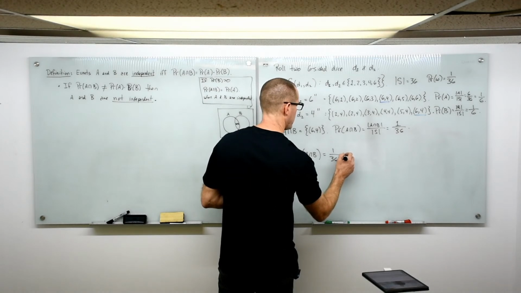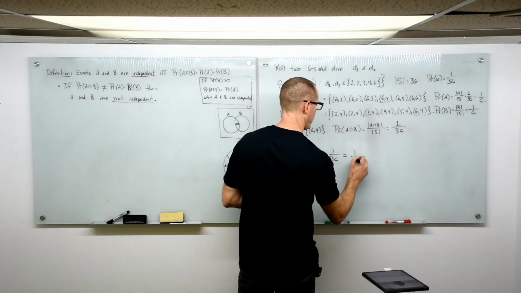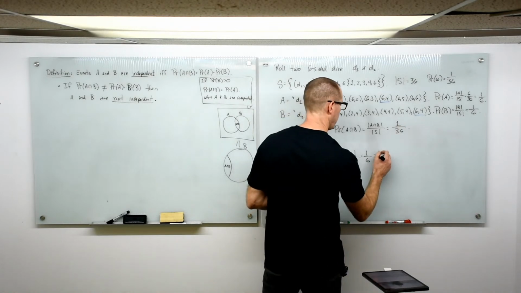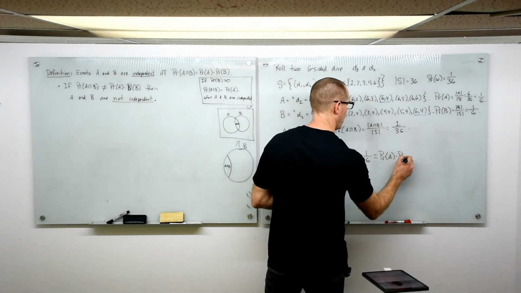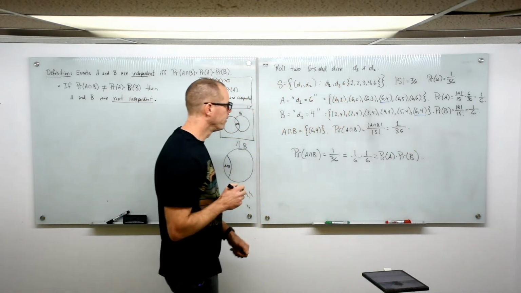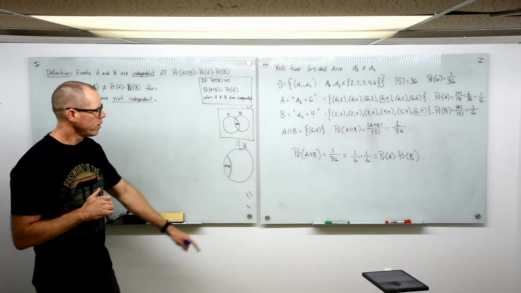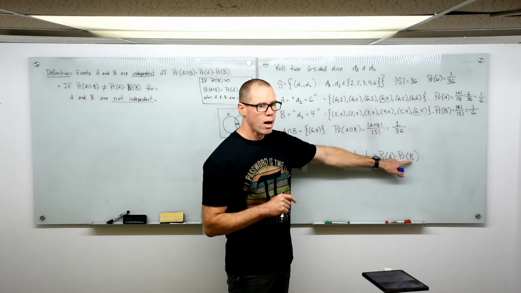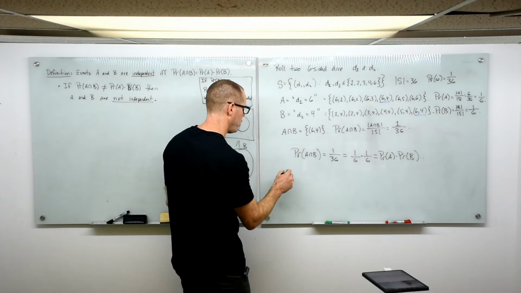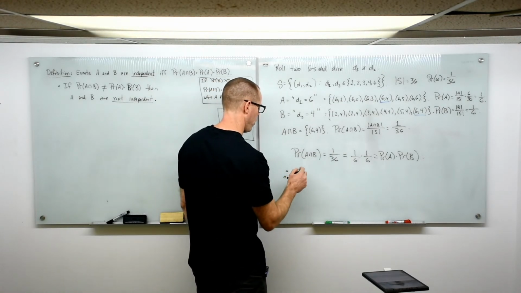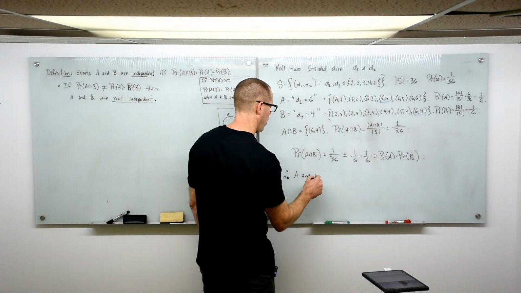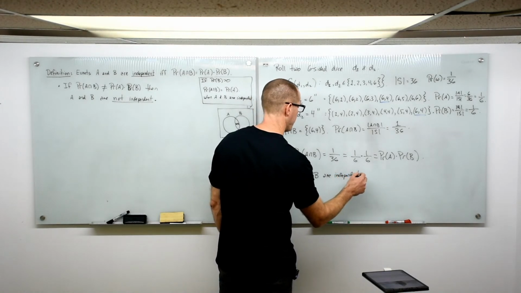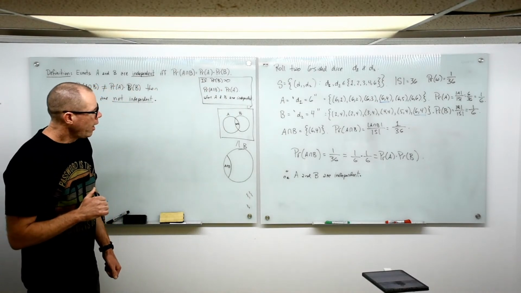And that is equal to 1 out of 6 times 1 out of 6, which is just the probability of A times the probability of B. So indeed, the probability of A and B in this example is equal to the probability of A times the probability of B. The conclusion is, therefore, A and B are independent. And that's not a surprise.